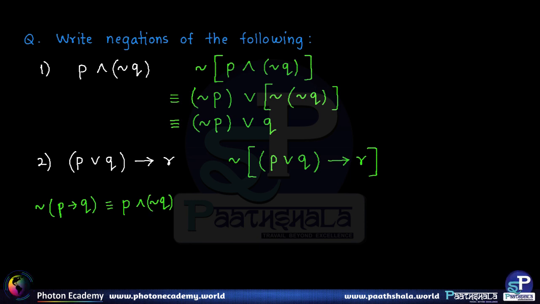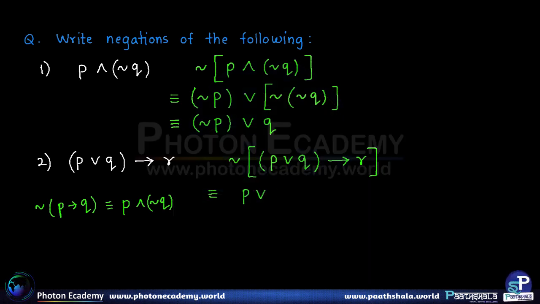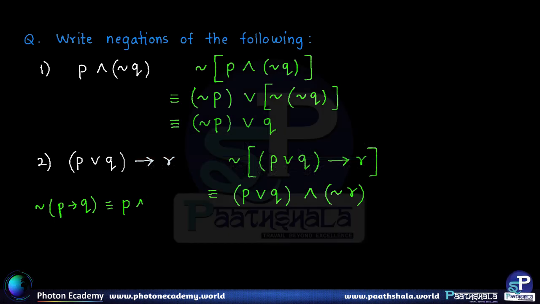So therefore this must be equivalent to the first part here in the implication, which is P or Q. So that P or Q remains as it is, and negation of the second part, that is R, remains as negation R. So this is the required negation. There is no need to simplify that further because it is not going to be anything new. So we keep it as it is.